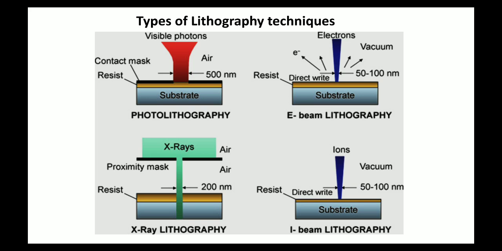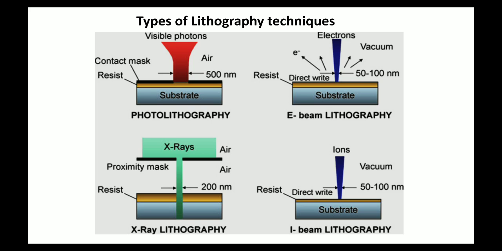The second one is E-beam lithography. Here please note that there is a substrate, then there is a resist material, but there is no mask. A mask is not required for E-beam lithography. Why do we call this E-beam lithography?